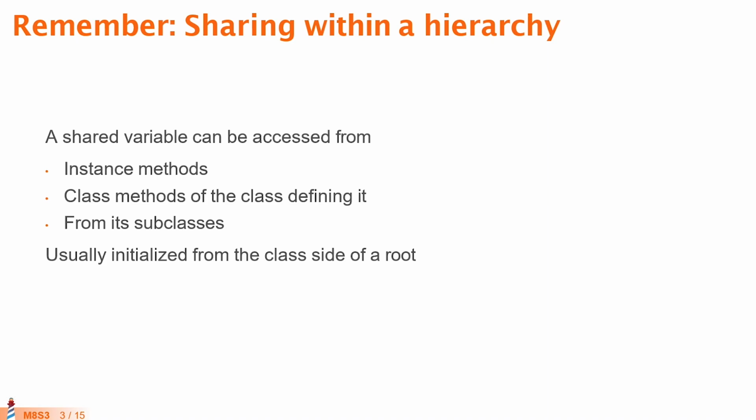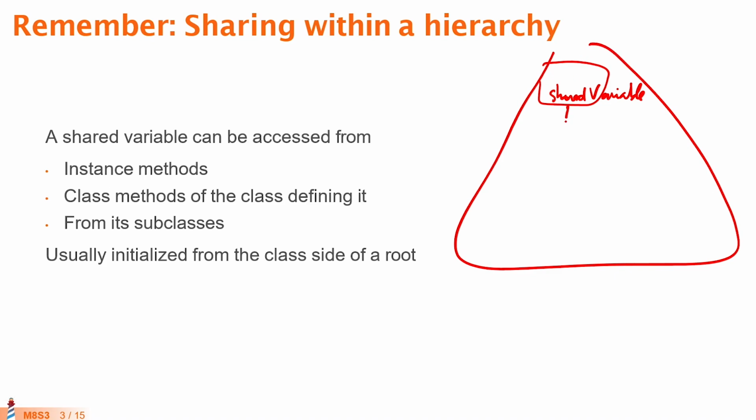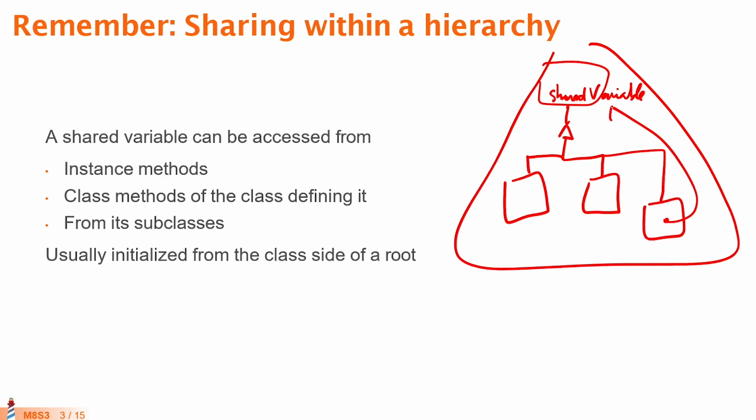If you remember, a shared variable can be accessed from instance methods or class methods and all the subclasses within a hierarchy. So I have a class here with a shared variable, and all the subclasses here and there can access this shared variable.